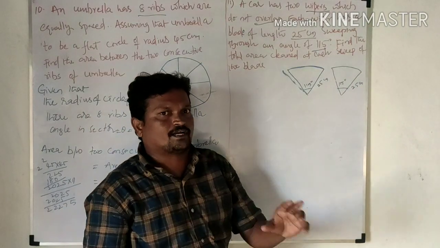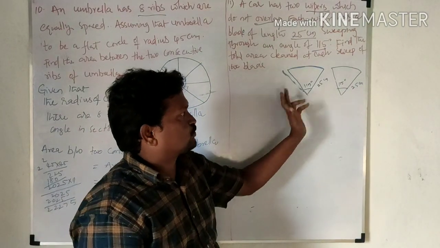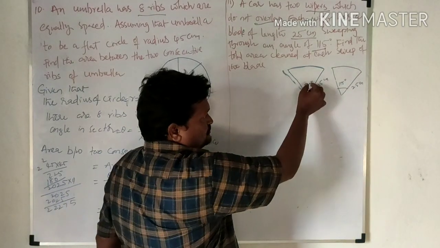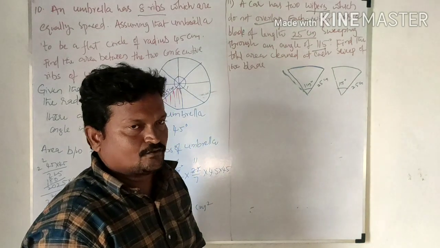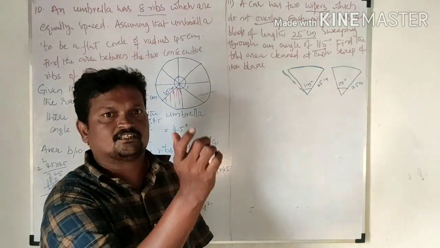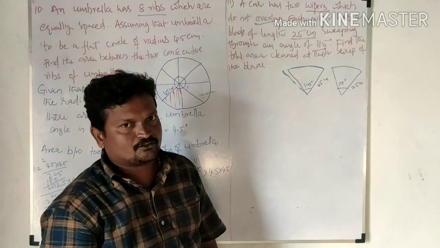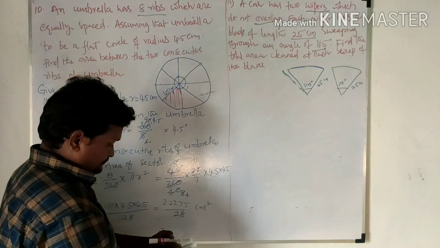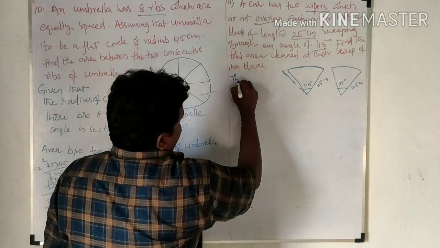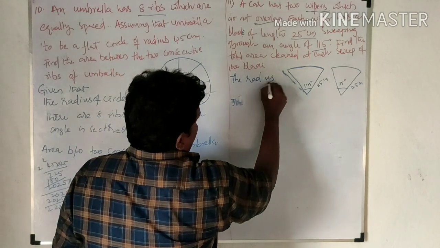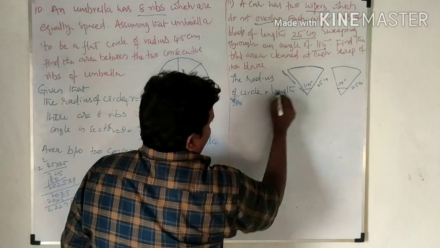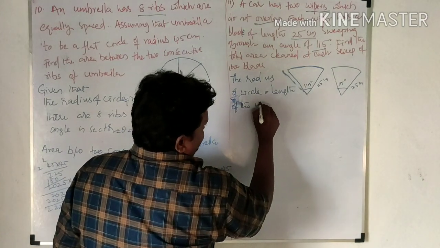In a single sweep, how much area will the total blades clean on the mirror? We have to find that. See, it looks like a sector. If we have to find the area of a sector, that will be the area cleaned by the wiper in one sweep. So let us see here. The radius of the circle is equal to the length of the wiper.